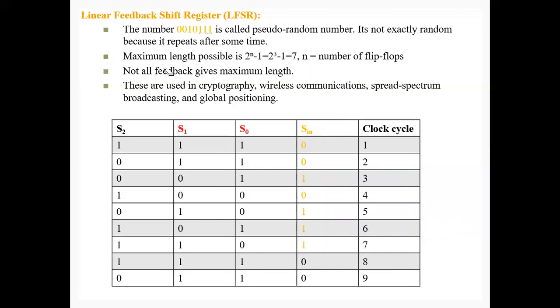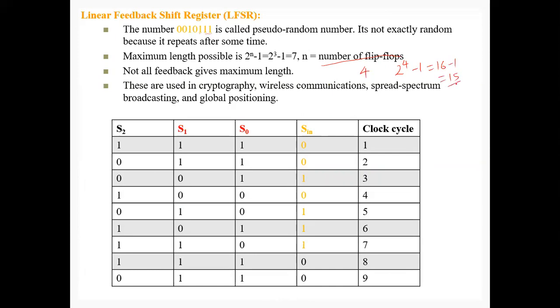Guys, question here. So if we had 4 inputs, like an S3, we could have 15 pseudo-random numbers we could choose from. Maximum possible, yes. If the number of flip-flops equals 4, right, then you have 2 to the 4 minus 1 equals 16 minus 1 equals 15.